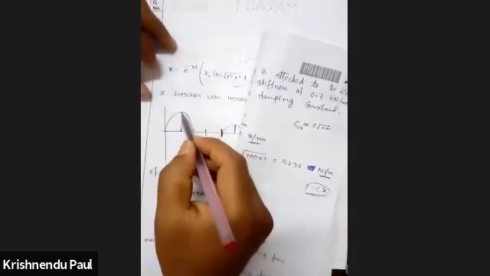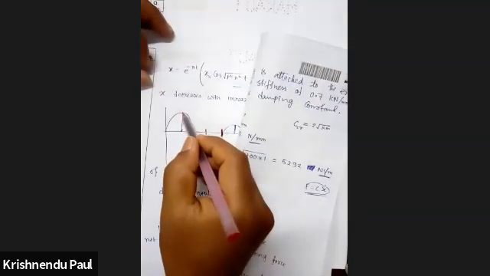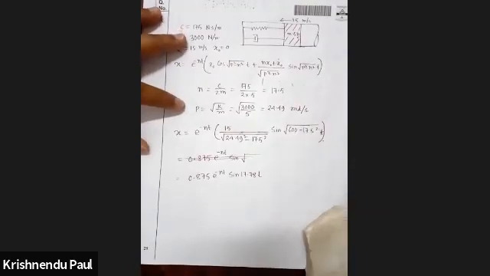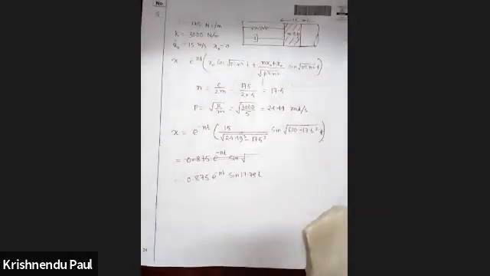At t equal to pi by 2, the maximum displacement should occur, right? Yes, sir. From this equation, if we replace t equal to pi by 2, then what will we get?